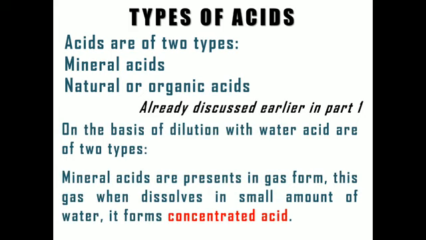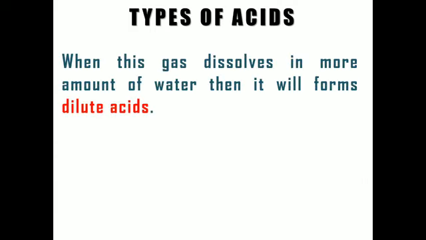One is concentrated, which is made by dissolving the acid available in gaseous form into water. When the water amount is less, it forms concentrated acid, and when the water amount is more, it forms the next type, the dilute acid. So depending upon the dilution with water, there are two types: concentrated acid and diluted acid.